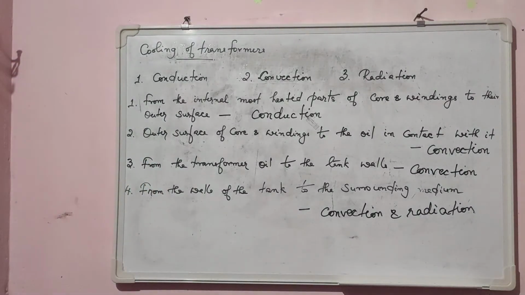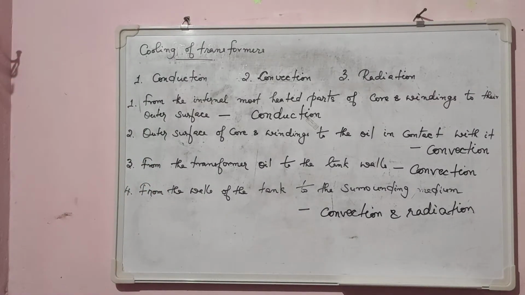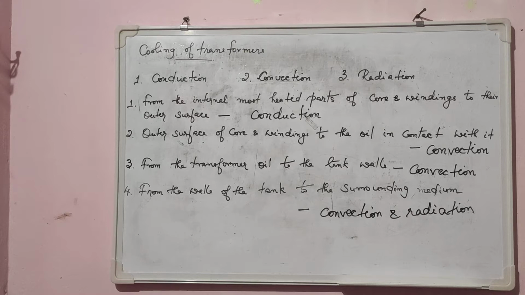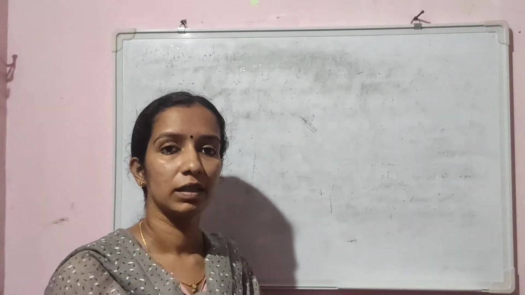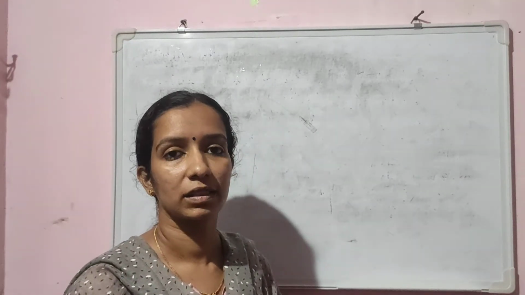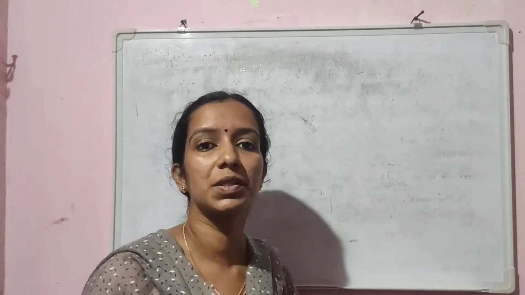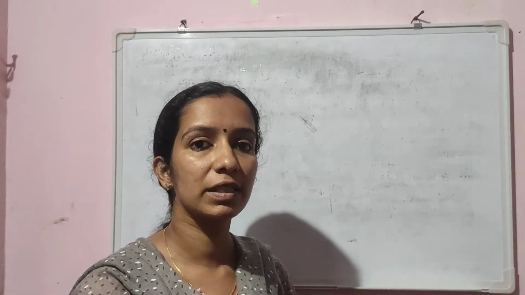Now we have to look into the effectiveness of transformer oil in cooling the transformer. We know that the core and winding assembly of a transformer is immersed in the transformer oil inside the transformer tank. What is the purpose of this transformer oil? The transformer oil is used for two purposes.